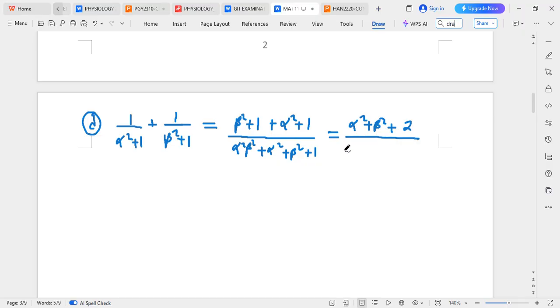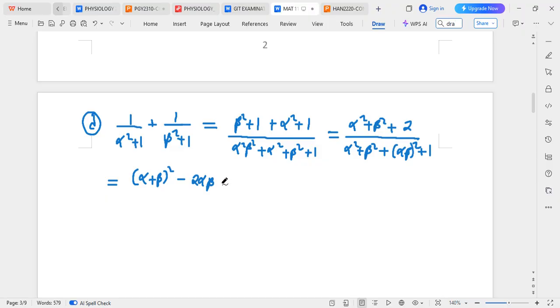Down also, I'm going to start with alpha squared plus beta squared, and then we have got plus the alpha squared beta squared. I can also write them as alpha beta and then squared outside, and then plus a 1. I can come here where there's alpha squared plus beta squared, I'll put alpha plus beta squared minus 2 alpha beta.